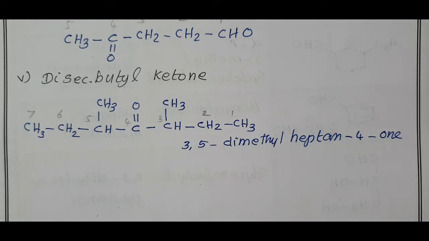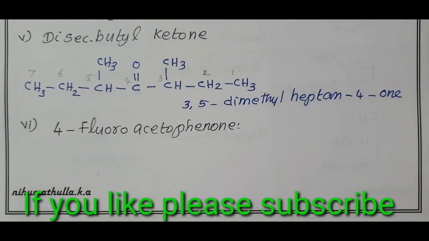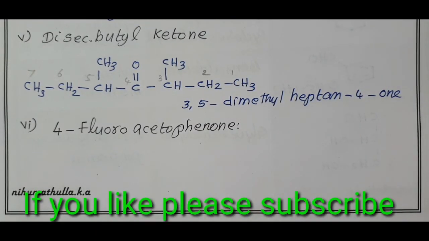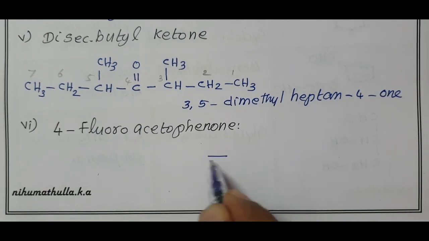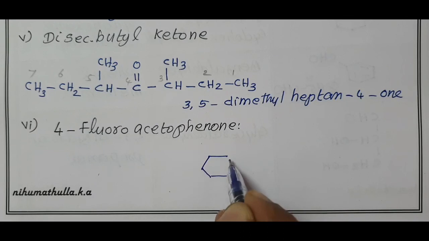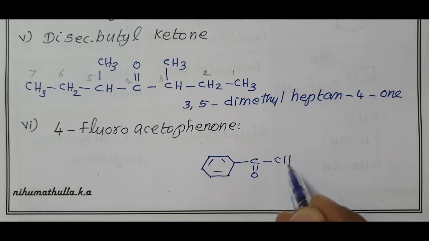Come to one more compound, the 6th compound, 4-fluoroacetophenone. What is acetophenone? C6H5 C double bond O CH3. This is your acetophenone.